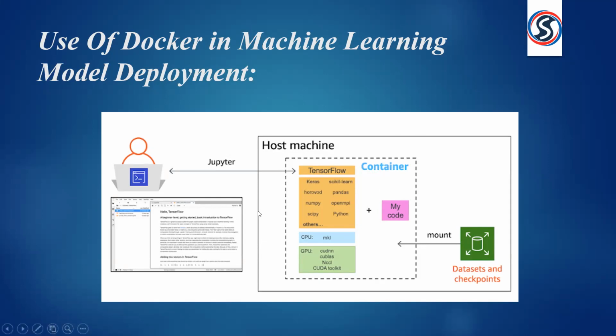Getting it? So we are running our machine learning models in Docker containers, and that will bring a number of benefits. What are the benefits? The first benefit is reproducibility.